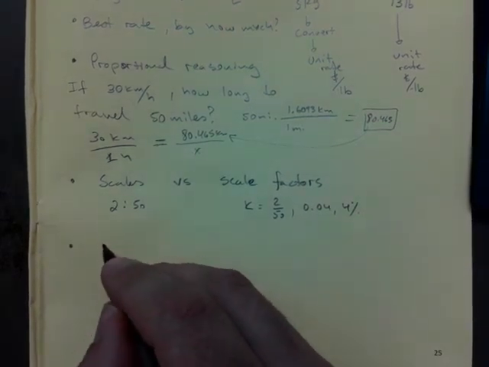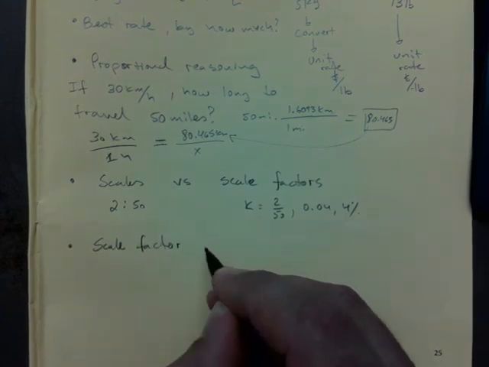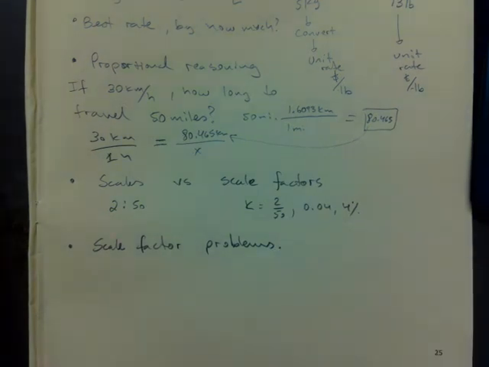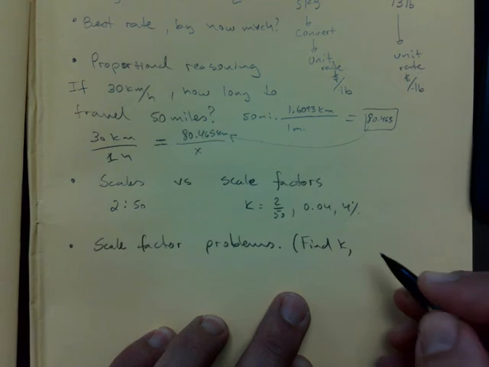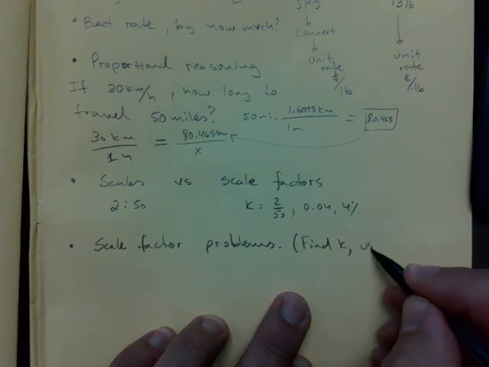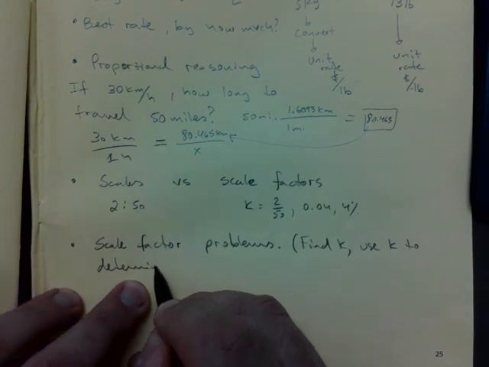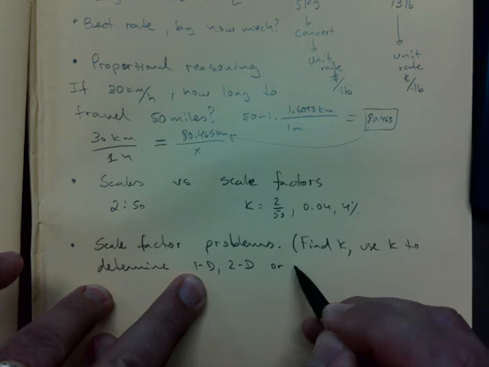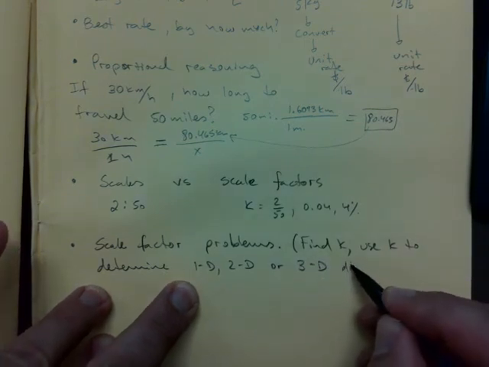Then scale factor problems. So you have to either find K, use K to determine 1D, 2D, or 3D dimensions.